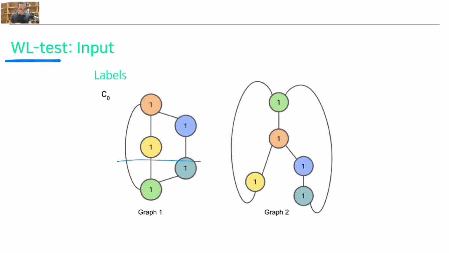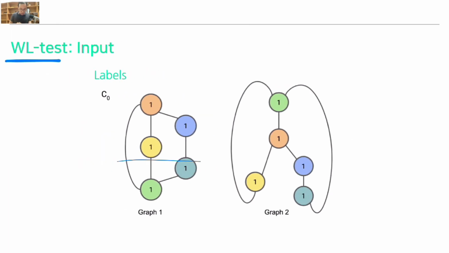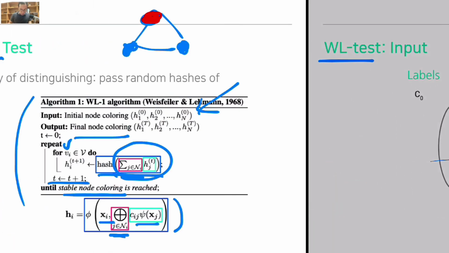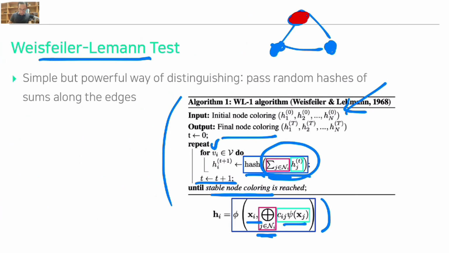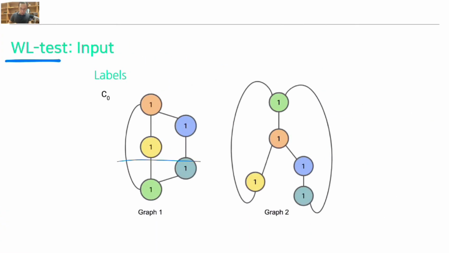Here we also assume the color representation uses just one color for each node, and then we can call this isomorphism test WL1. So here we use WL1.